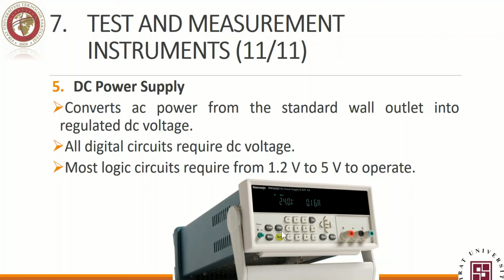This one is supplied from the wall, from the standard electricity we have, which is alternating, and it converts it to a DC supply, and then we can control the level. Let's say 5 volts, we want DC, we can use it, and that will give us the power supply we need. And this is the end of chapter 1.